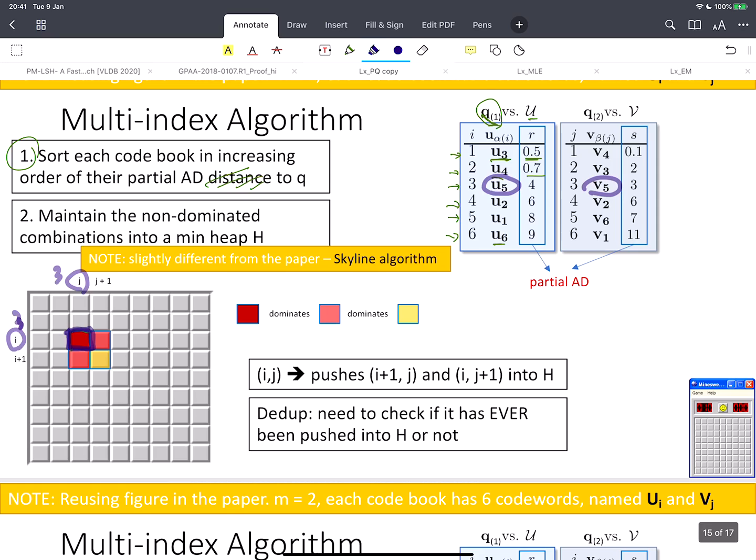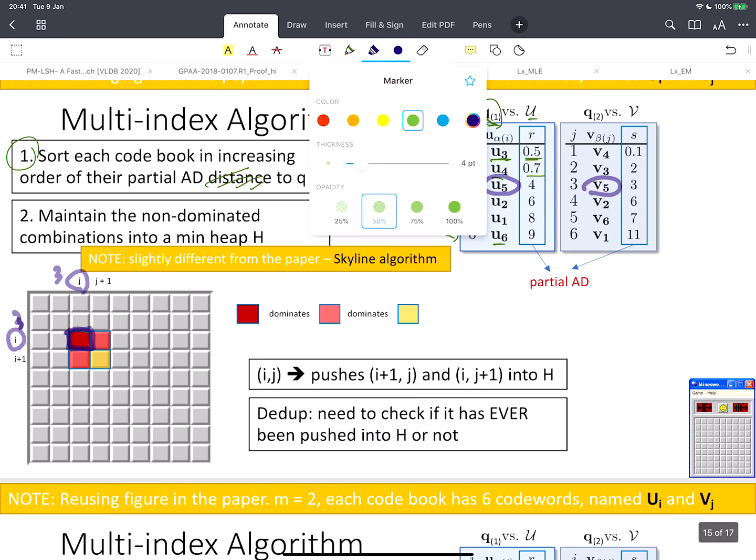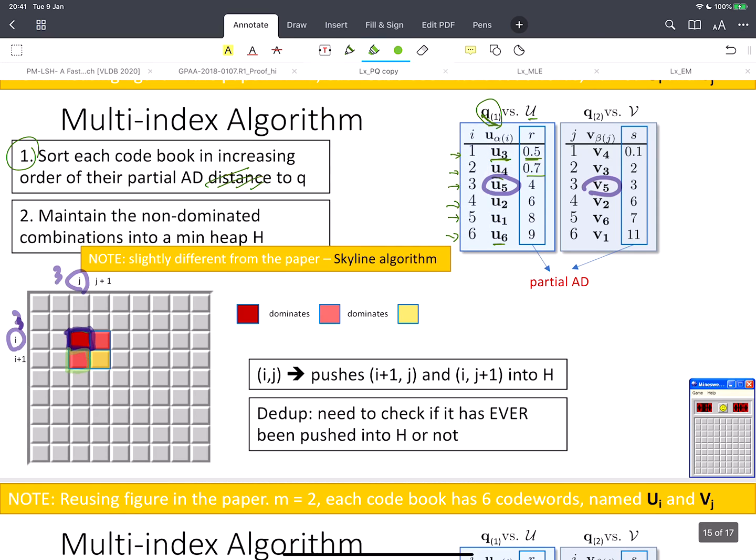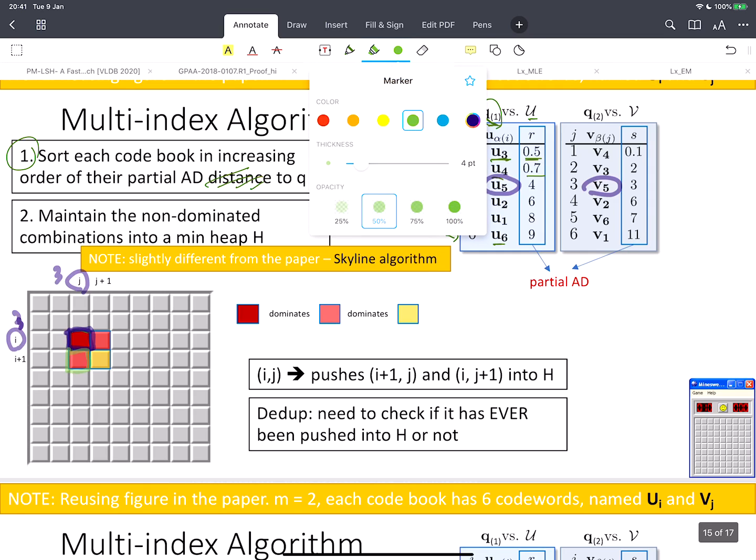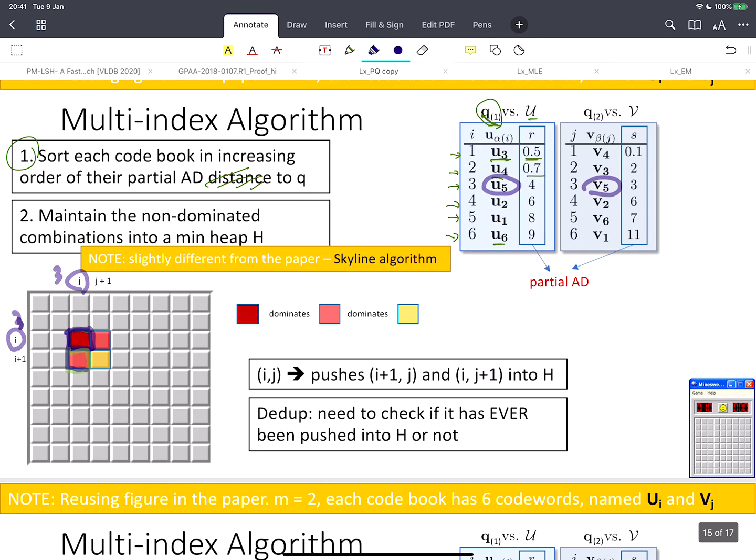And if you consider the one next to it, let's say this one, right? Its coordinate will be i plus 1 and j. Okay, and also if you look further down, it's going to be i plus 1 and j plus 1.